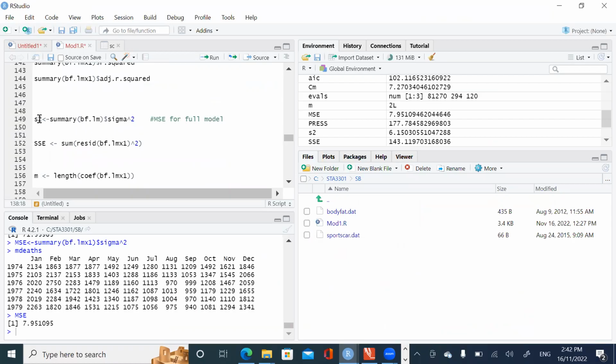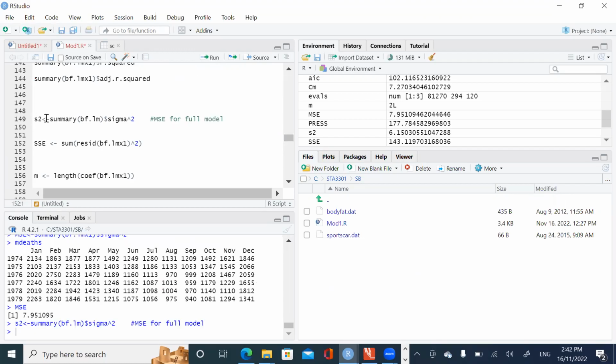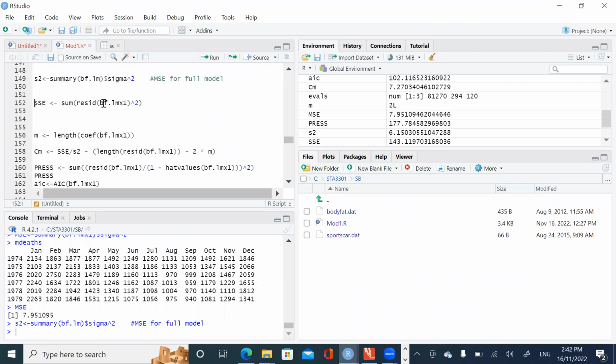Now I am going to calculate s2. s2 is the estimated value of sigma square. This is for the full model, that is the MSE for the full model, that means s square. Now SSE is the sum of squares of residual. If we calculate this, it will be the residual of the model that only included x1, and the sum of squares of residual will give us the SSE.